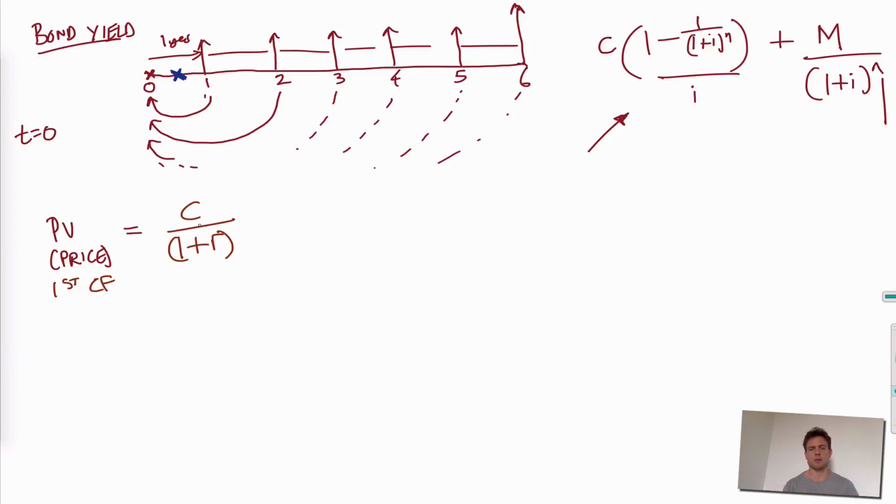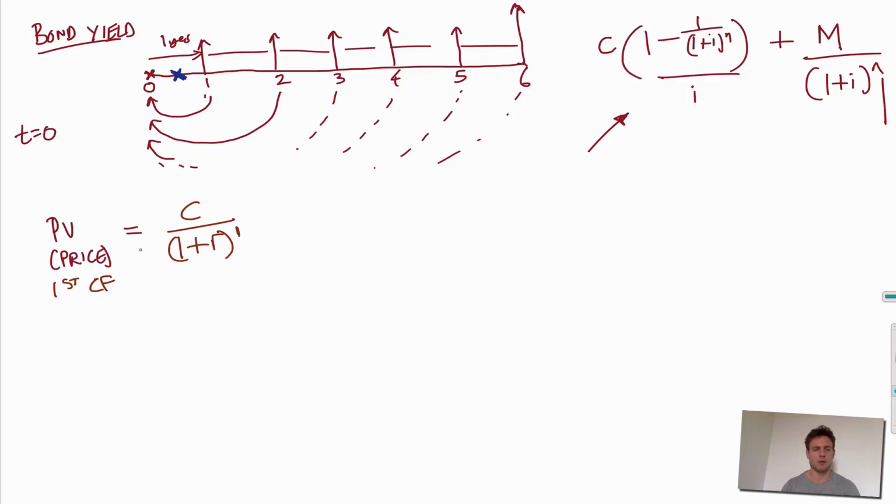So the 6 month yield if it's a semi-annual bond, or the annual yield if it's an annual paying bond. And let's assume for simplicity here that we're dealing with an annual paying bond. And strictly speaking, that's to the power 1.